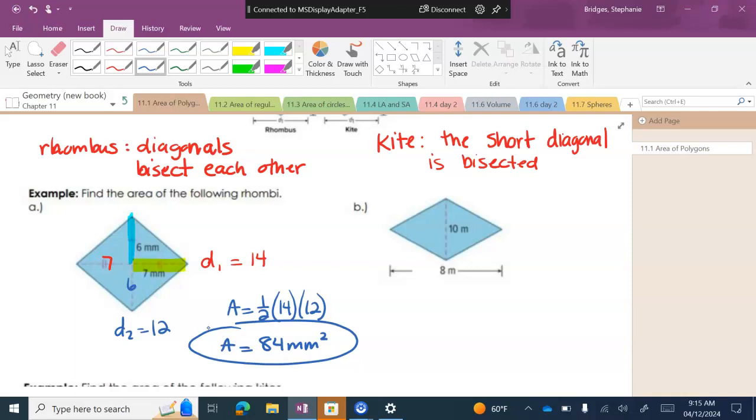And then you can go ahead and do the last two as well. Those are the kites. The formula is the same. 1/2. One diagonal times the other. And it looks to me in these pictures, they have given you the entire diagonal for both of those kites.